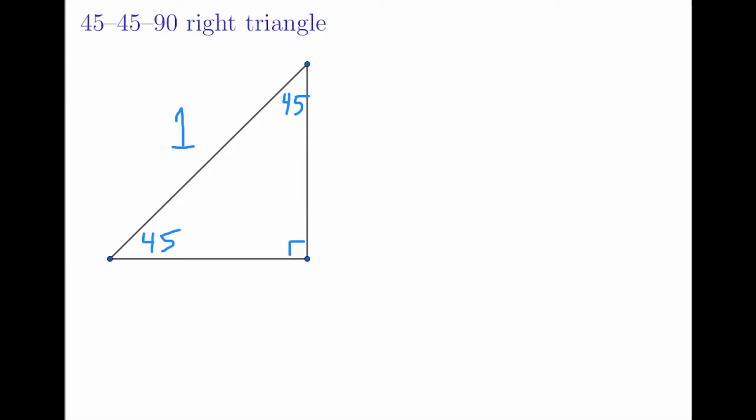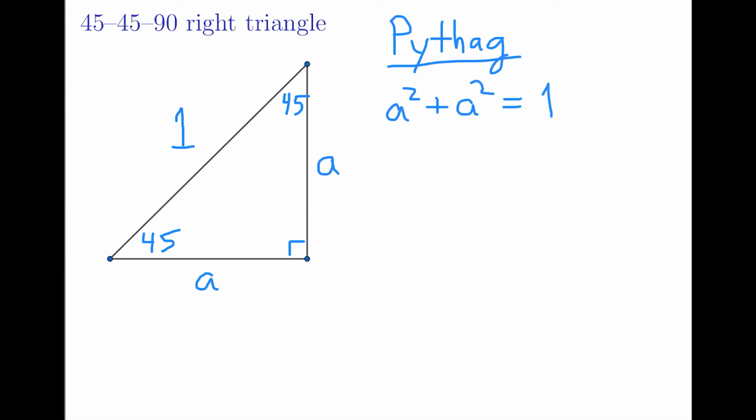The thing to do is just label these other sides. So this side right here, let's call that A. And my first thought would be to call this side B, and then use the Pythagorean theorem. But before I even get into that, I want to point out that the symmetry of this triangle means that we can label it with the same letter A. And now the Pythagorean theorem says that a squared plus a squared is equal to 1 squared.